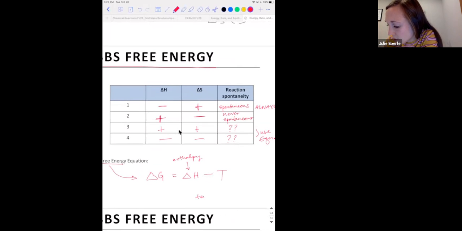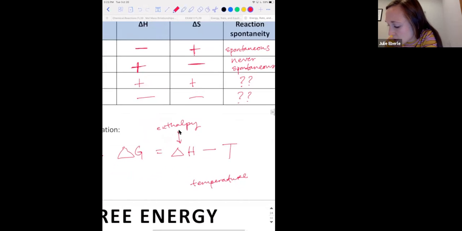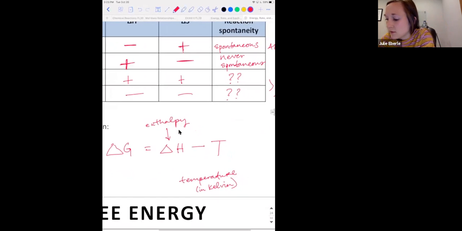T is temperature. And one thing to know about the temperature here is it must be in Kelvin. Don't ever do it in Celsius or Fahrenheit. Times delta S. And this is our entropy.